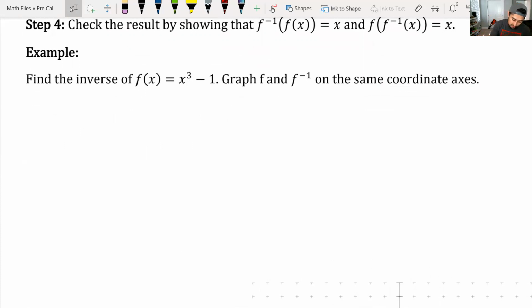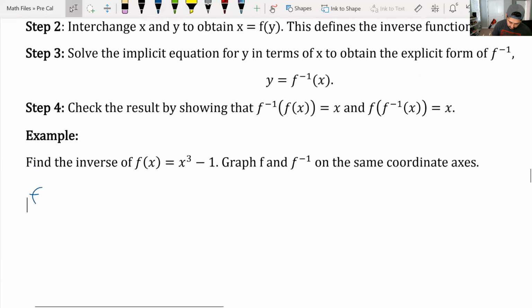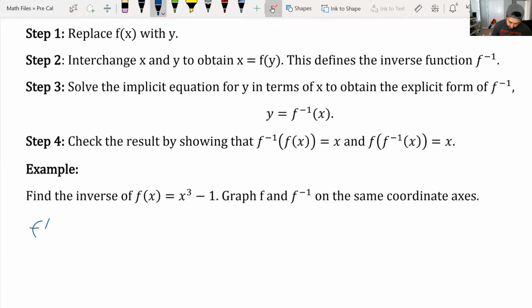Okay. So first thing we're going to do before we find the inverse is let's go ahead and make an XY chart for x cubed minus 1. So we want to graph these, so that's where we'll start first. So let me bring this down a bit. There you go. So for f of x equals x cubed minus 1, we make an XY chart and pick the most common points to pick when graphing a function: -2, -1, 0, 1, 2.